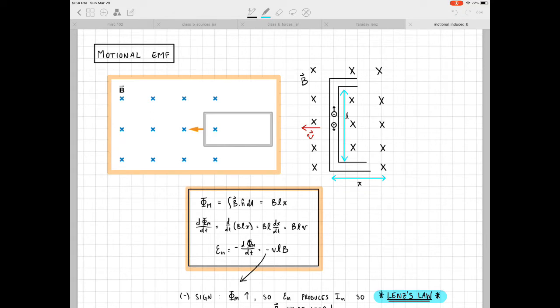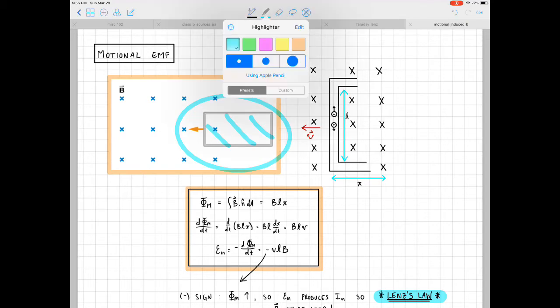So I've got a loop here moving to the left through a uniform magnetic field, and the loop is entering the magnetic field. What that means is that the magnetic flux through the loop is going to be changing as the loop enters.